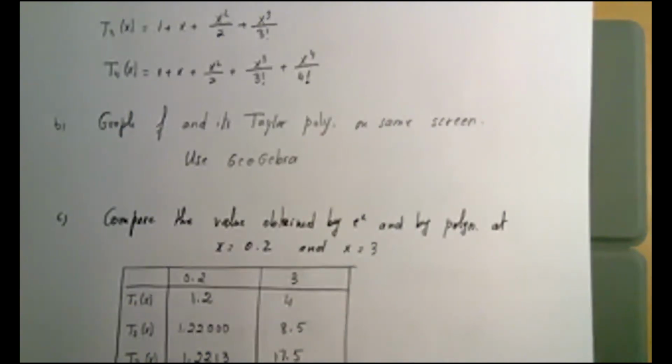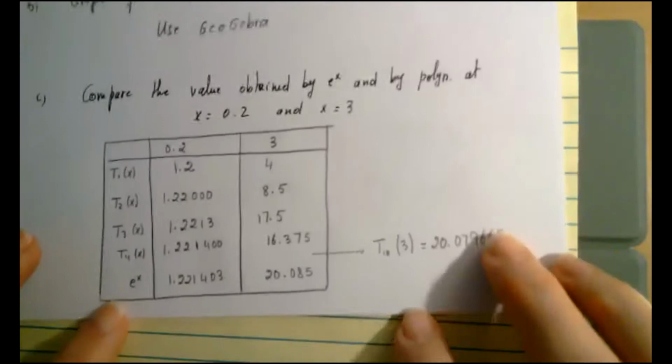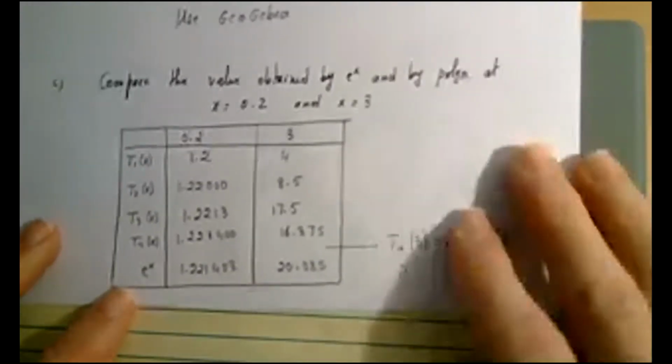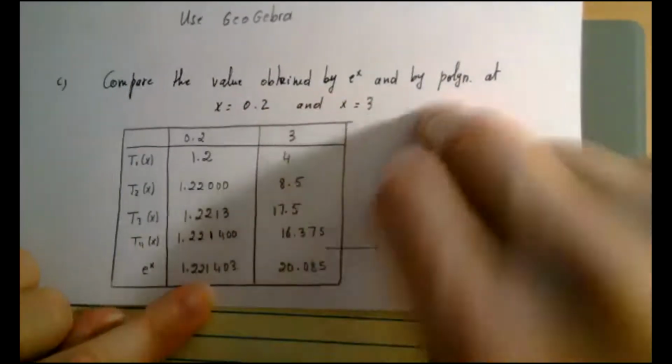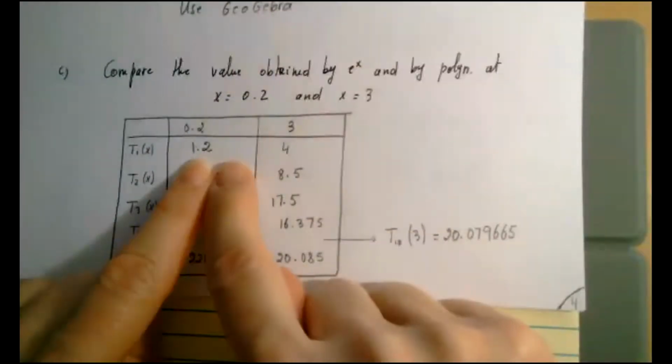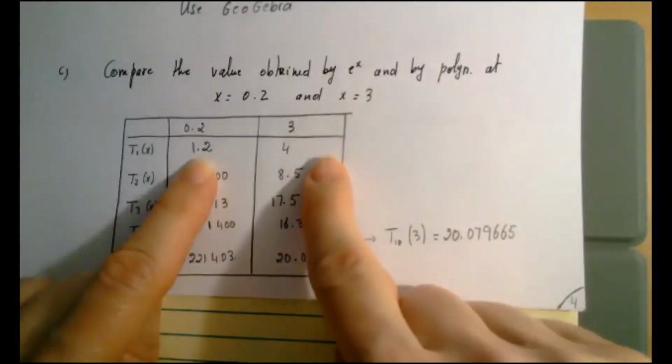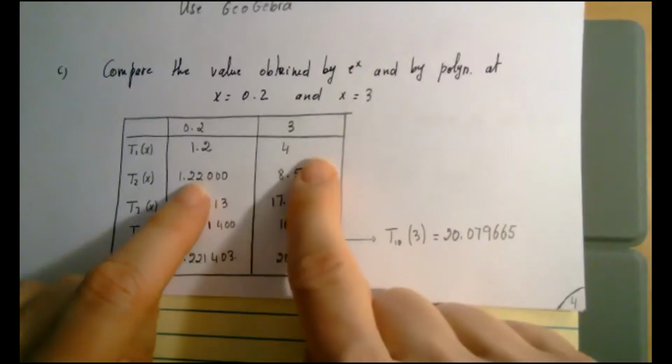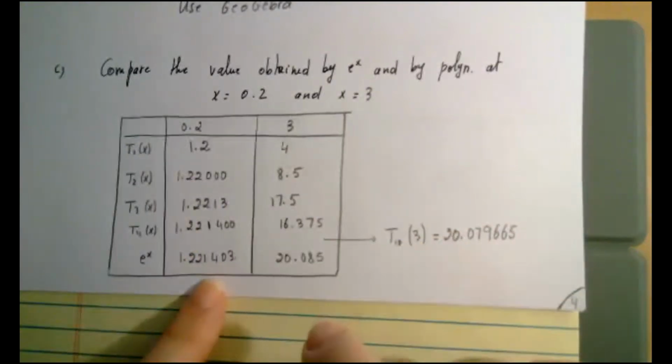All right, so this is my example here. Okay. So now my last piece was the following. Compare the value obtained by e to the x and the polynomial at x equals 0.2. And here I just plugged in 0.2 and 3 in the expression of the polynomial, and I started computing them, comparing them to the actual value.